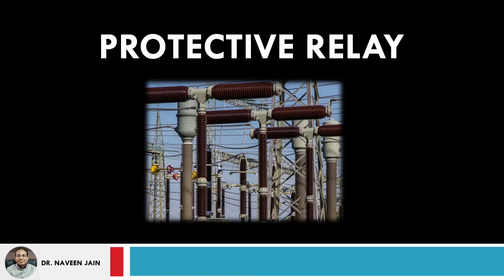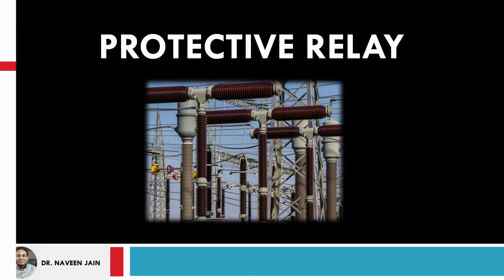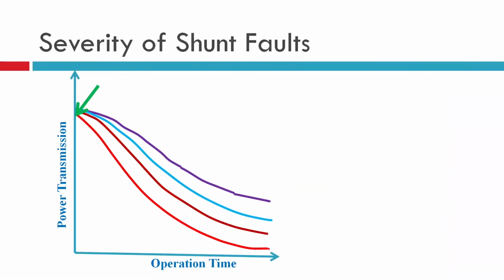Hello everyone. Today I am going to discuss shunt faults and series faults. We know that faults are never desirable. Hence, we need to discuss the severity of shunt faults.